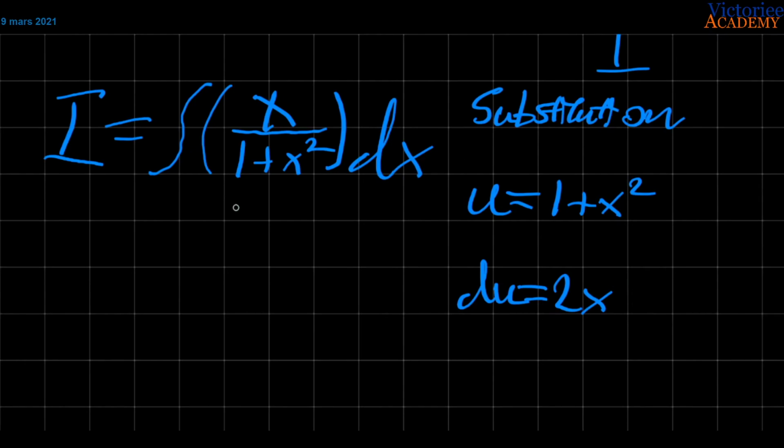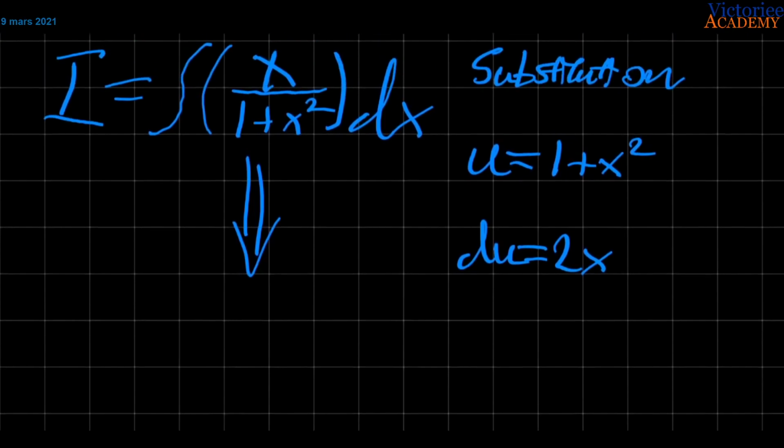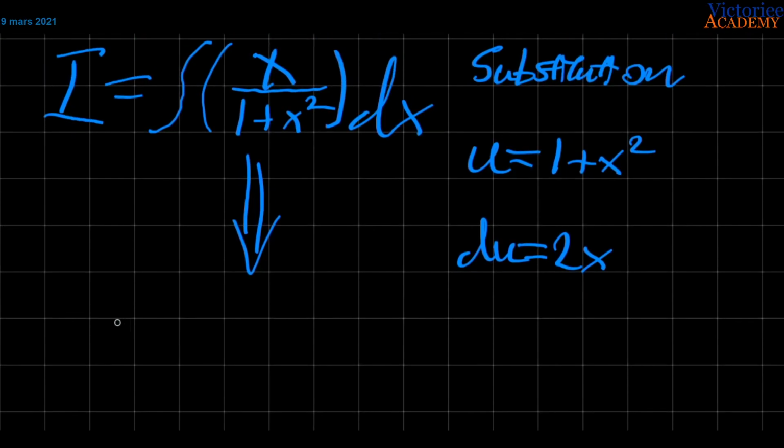And implementing this substitution gives us that this is the integral of 1 over u, obviously, times du over 2, because we have 2x here and we only get 1x here.